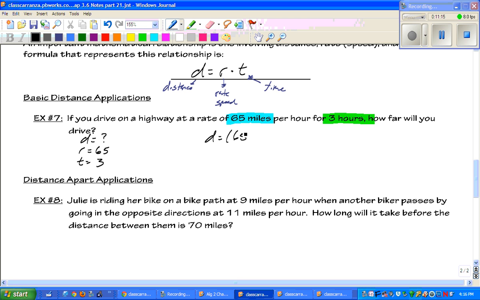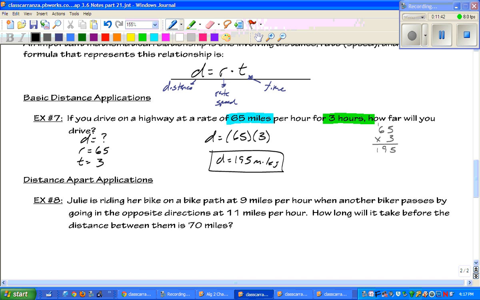So you're doing 65 times 3. That's not on your multiplication chart, so off to the side, let's write that down. 5, carry the 1, and you get 195. Okay, so the distance equals 195 miles.